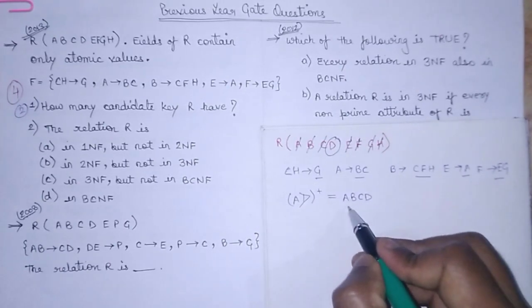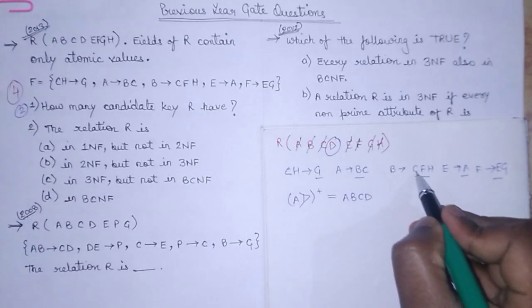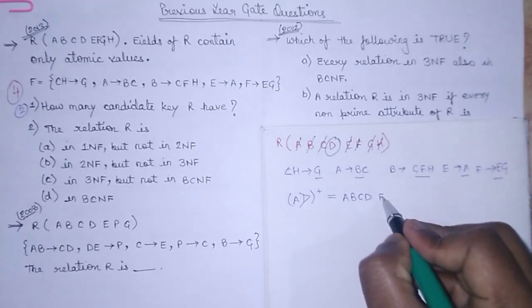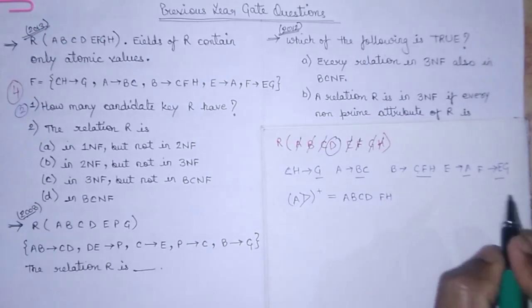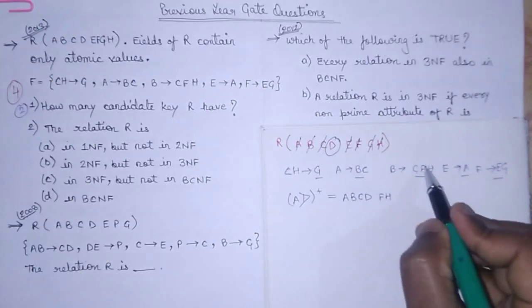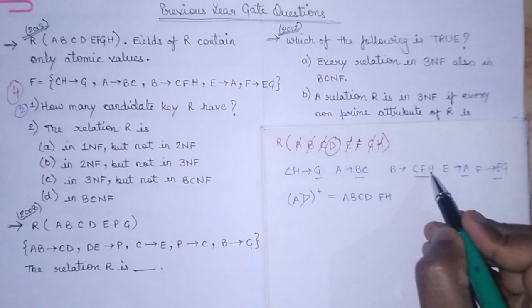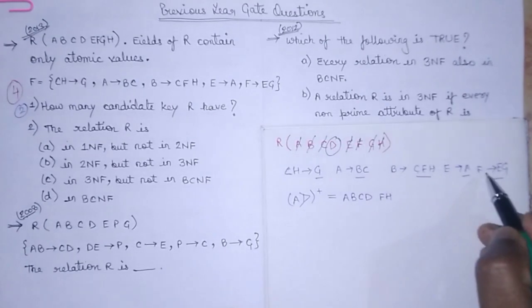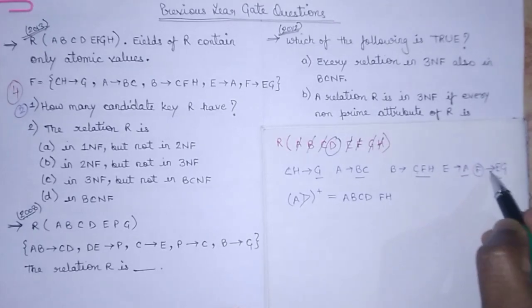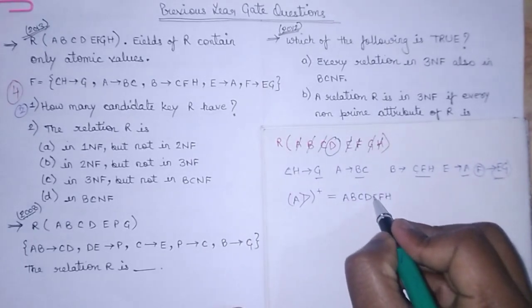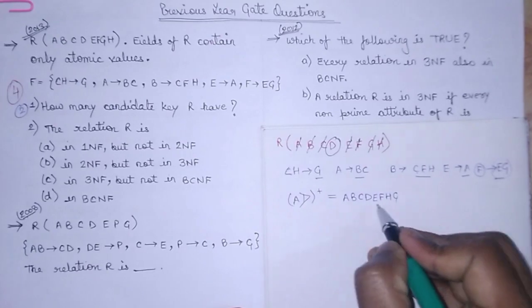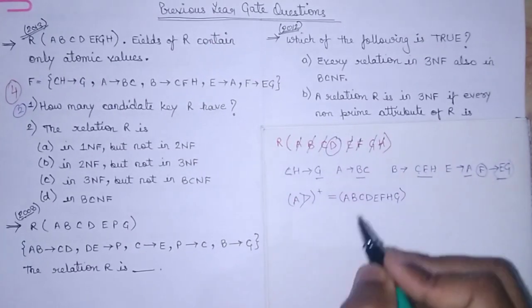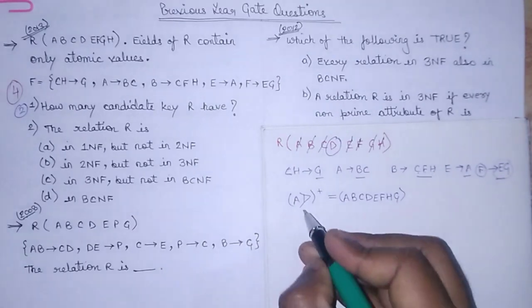And now after A, B, C, you can see that B is defining C, F, H. C is already covered, so I am writing F and H. I am writing it in a sequence, don't worry about that. So now we are having F and H with us. Using F, we can define E and G. So you can see that AD closure is giving me all of the given attributes which were in the relation. So AD is one of the keys.